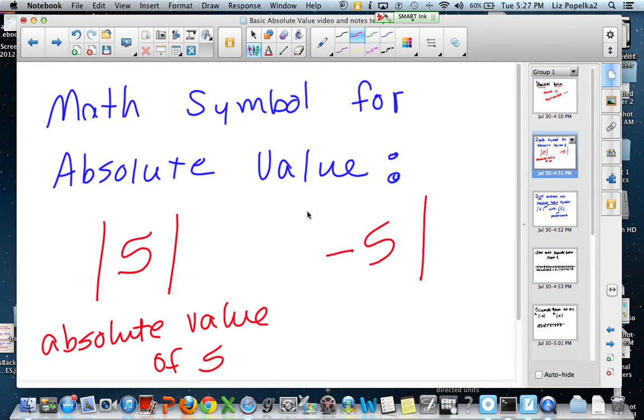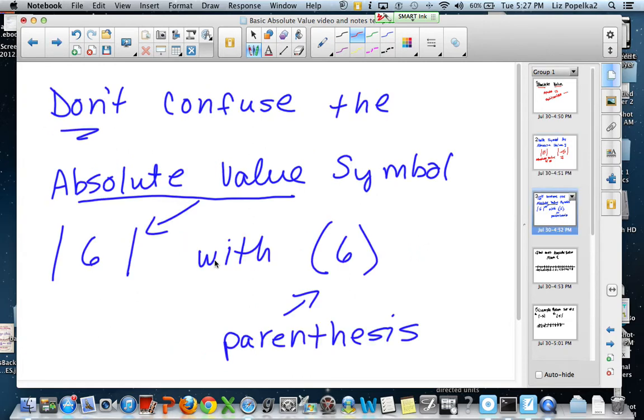Here's another example. Now this one, instead of the absolute value of positive 5, like we had here, means the absolute value of, you guessed it, negative 5, because it's actually a negative 5 that's in between those straight lines. Now don't get this symbol confused because it looks an awful lot like parentheses right here.